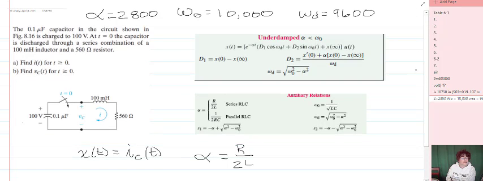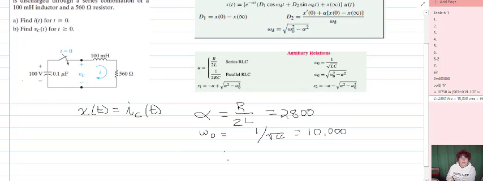We previously found that, and you just plug it in. We've got the resistance and the inductor. We had found that to be 2800. And then omega naught is 1 over the square root of LC, and we had found that earlier to be 10,000. And alpha is less than omega naught, so we knew it was underdamped.